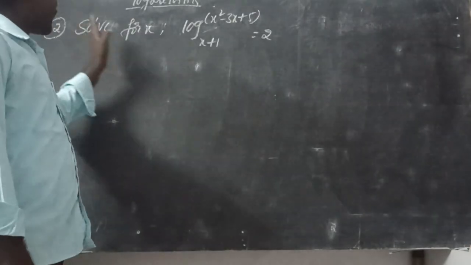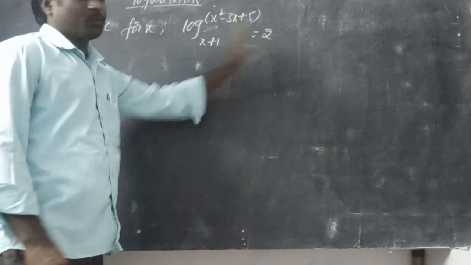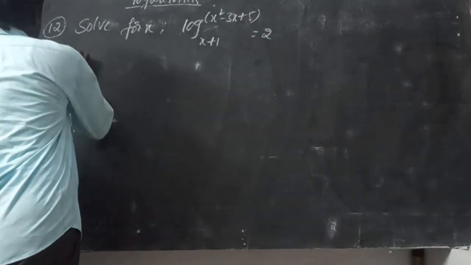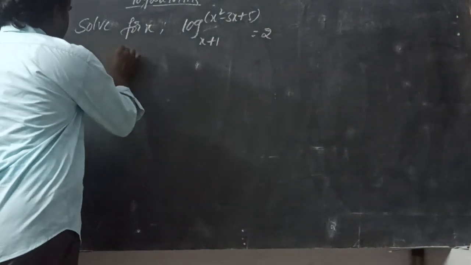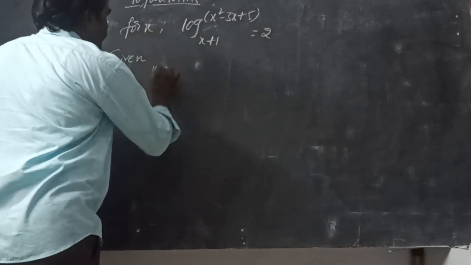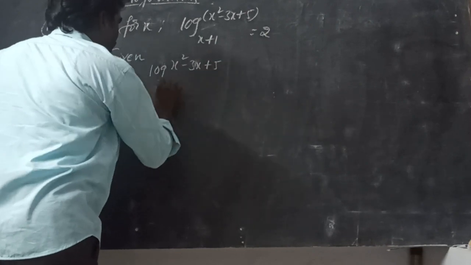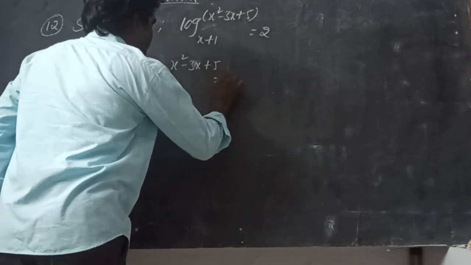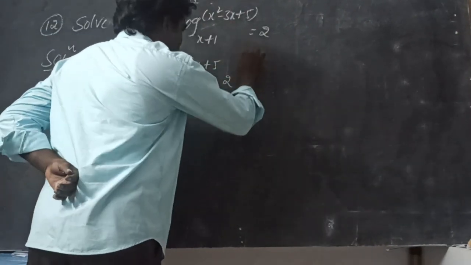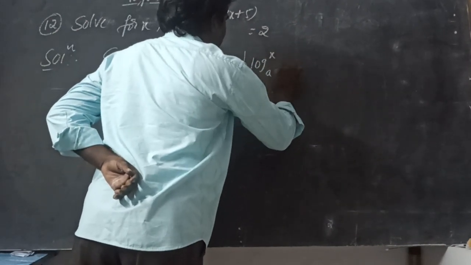Next one: solve for x, log base (x + 1) of (x² − 3x + 5) is equal to 2. So given log base (x + 1) of x² − 3x + 5 is equal to 2, here also in the same manner, log of x base a is equal to n.